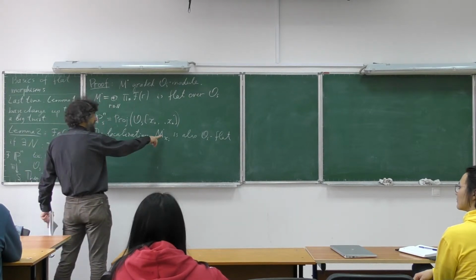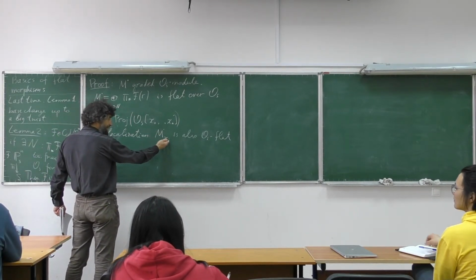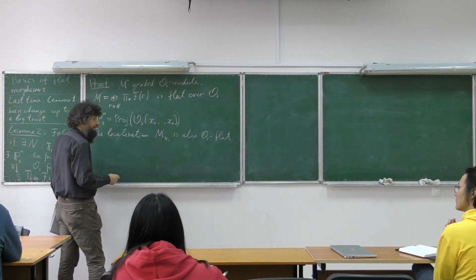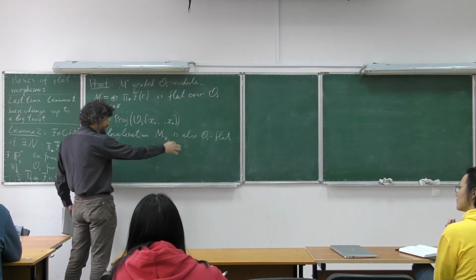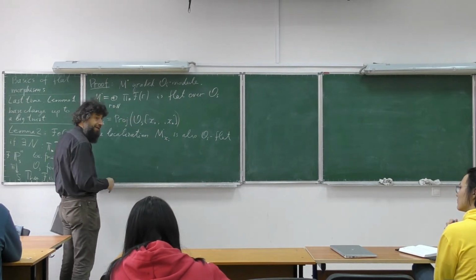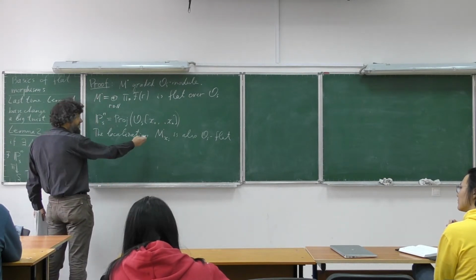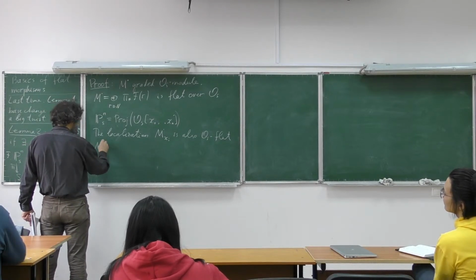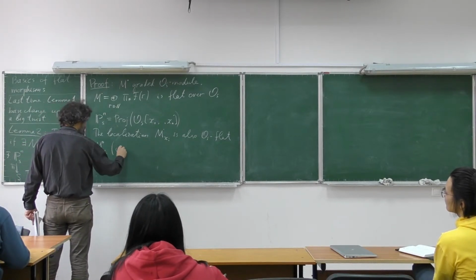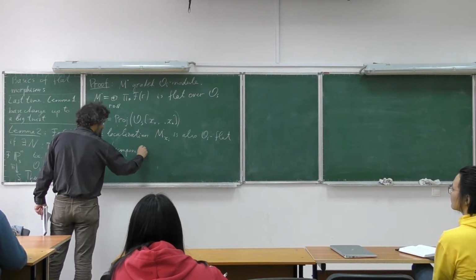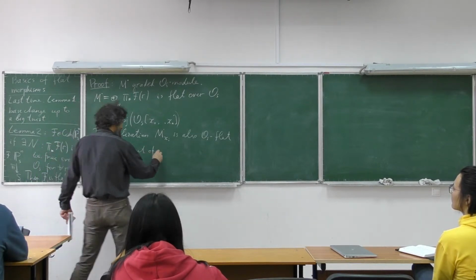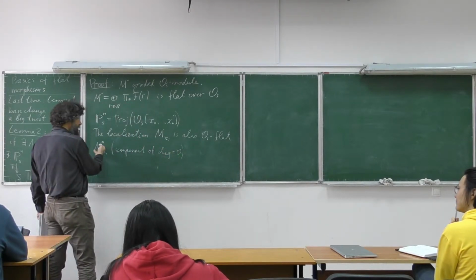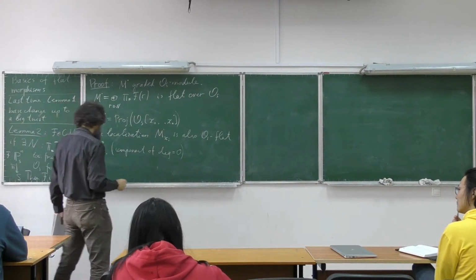And now this module where you allow xi inverted is also graded. I mean, x has degree 1. But since xi is inverted, it is graded not positively, but by all integers. Let's take the component of degree 0, (M_xi)_0. It's a direct summand. Yes, it's a graded module. It's just the degree 0 direct summand.